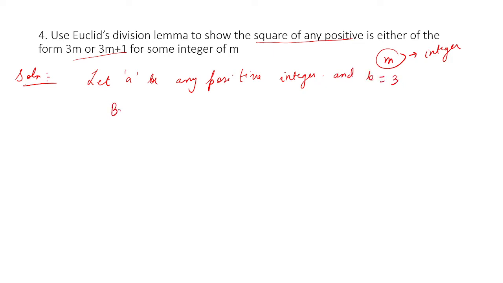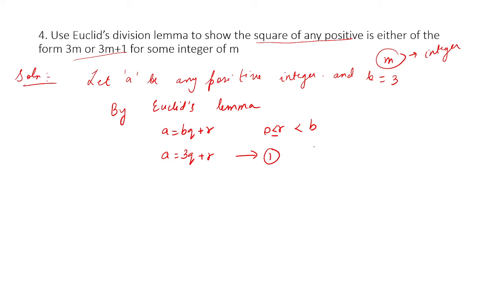So by Euclid's lemma, we know that a is equal to bq plus r, where the remainder r is going to be a value less than b, and greater than or equal to 0. So a is going to be equal to 3q plus r, and you can write this as equation number 1. And r is going to be a value less than 3 and greater than or equal to 0. This is what we know, what is given to us.